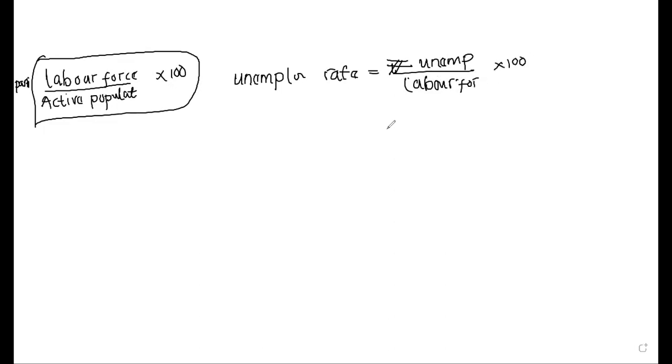And then the employment rate, we get the number of people that are employed divided by the labor force. Then you multiply that by 100.